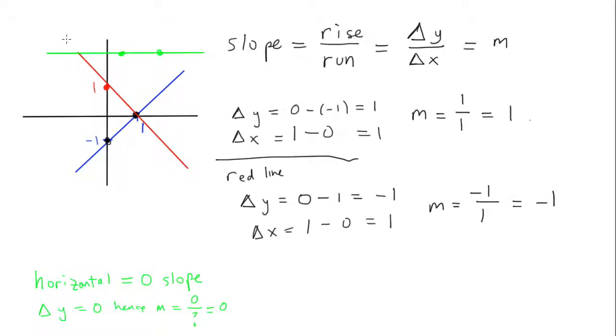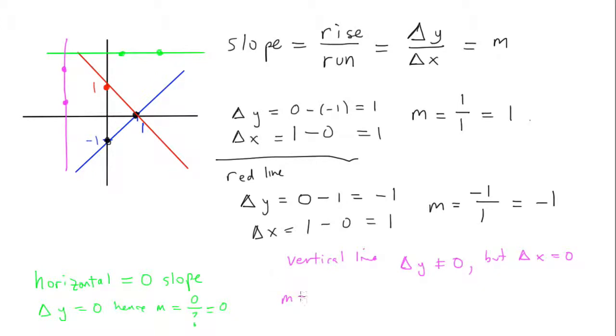The other special case is vertical lines. And a vertical line has sort of the opposite problem. If I pick 2 points on it, they have different y coordinates, so delta y is not going to be 0, but delta x is 0 because they both have the same x coordinate.